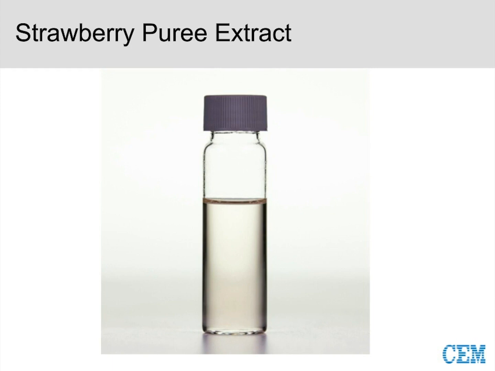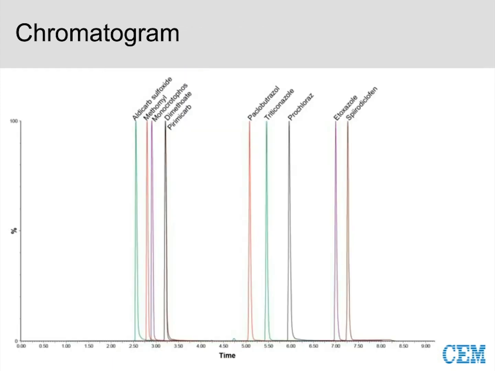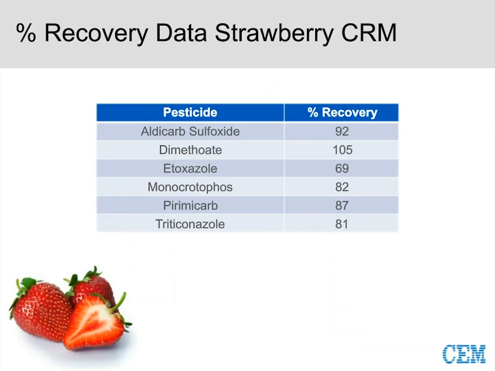And if we look at the chromatogram of the pesticides that were present in the CRM, you see them here. I will note that I see that dimethoate and pirimicarb do coelute. However, they have completely different MRM transitions, so we can still quantify them with no problem. If we look at the data, we'll see that overall we got good recovery data for, and this is again, raw recovery of a CRM on the Edge.